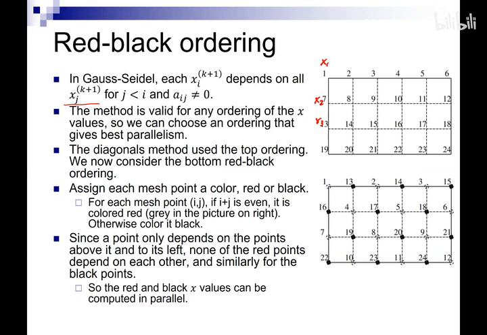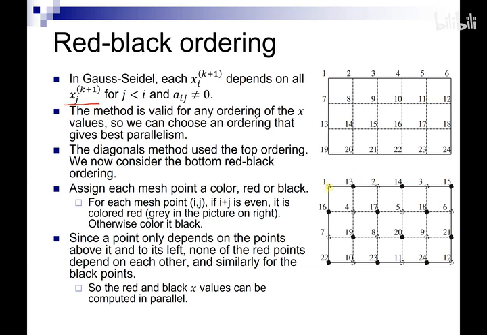In fact, the red-black ordering is going to reorder the points this way. It's basically going to create a checkerboard pattern on the points, a red-black checkerboard pattern. What that means is that each of the points, we're going to think of as either a red point or a black point. The first point, let's say, is going to be a red point, and then all the red points are going to skip one from the previous red point.